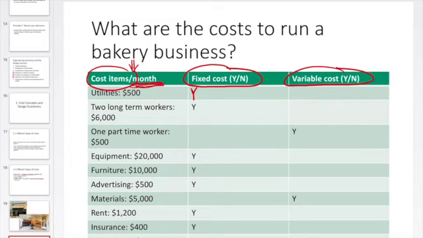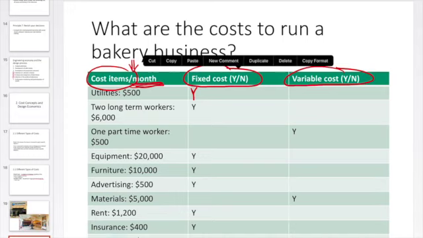They're not like part-time workers. No matter how many breads you sell or make, you still need these two persons to run the shop. So it doesn't change along with your productivity.